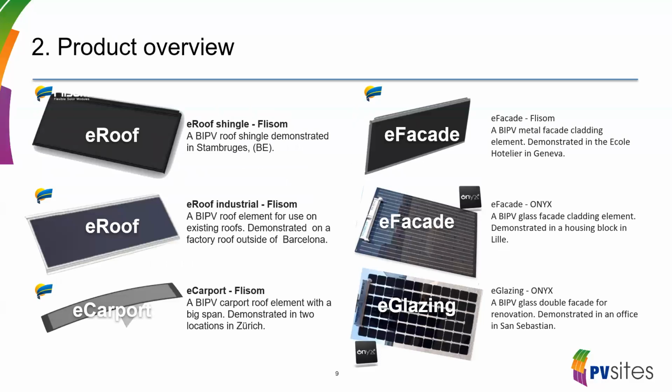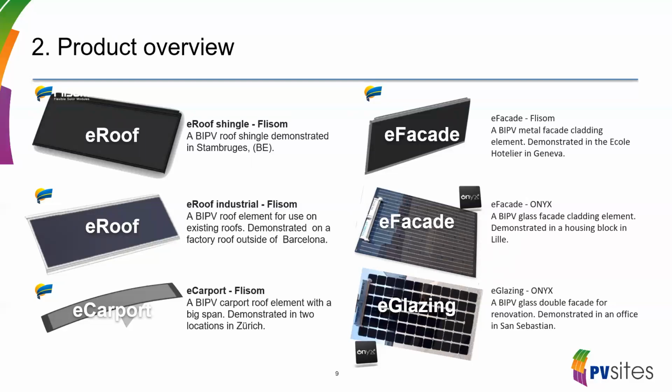So the different products that are explained in this book are the Fleezone products. It's the eRoof for shingle for the sloped roof. It's eRoof industrial for the flat roof. It's the eCarport. It's the carport roof. It's a banded roof. We have the eFacade used for cladding existing buildings. And then we have 2 products of Onyx today.